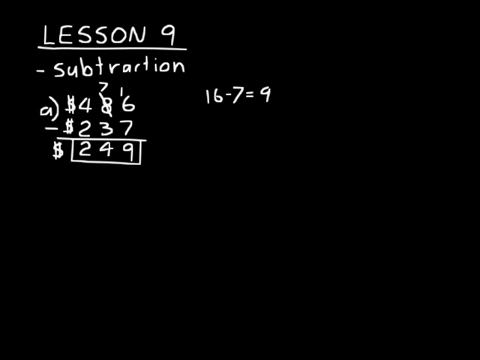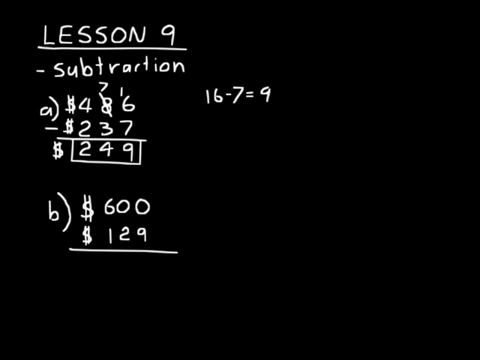We didn't try to do that in our heads, because if we wouldn't have written that down, then we may have accidentally done 8 minus 3 instead of 7 minus 3. So that's real important to write that down when you cancel that out. Cancel that 8 out and put the 7 up there. And then we gave $10 to that ones column, so 10 plus 6 is 16. Minus 7 would be 9. And then we were able to complete the problem.